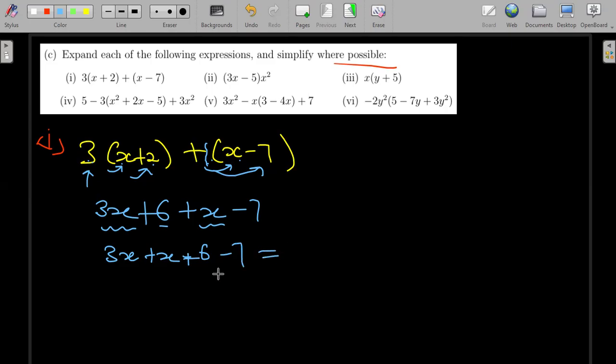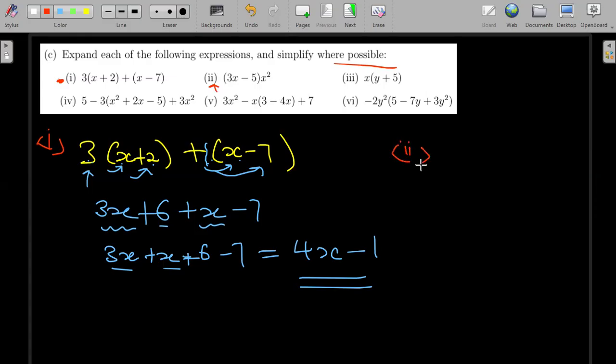So what are we going to get? 3x plus x will be 4x, and 6 minus 7 will be minus 1. So we have expanded and also simplified. We are done with the first one. If you have any questions, feel free to unmute yourself and ask. Otherwise, we're going to move to number 2.